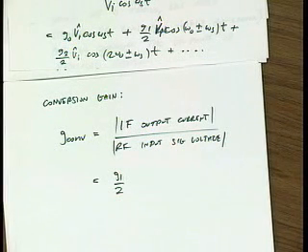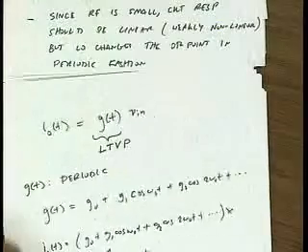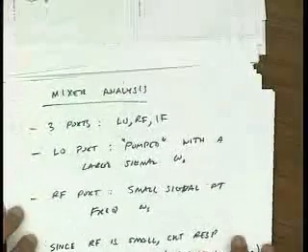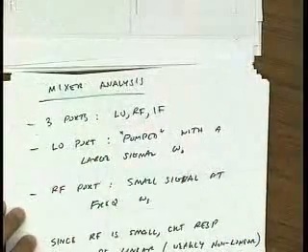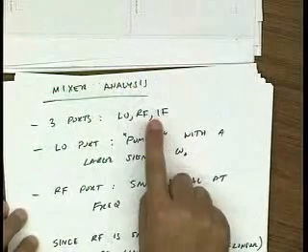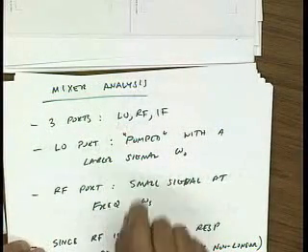Yes? So how is the assumption that the system is linear applied in this expression here? Okay, so let's go back and look at how we set up the problem. This is important. The assumption we make is our mixer is a 3-port device. IF is the output port, RF is the input port, and LO is where we apply our local oscillator.